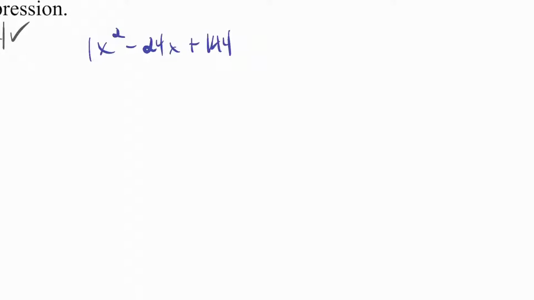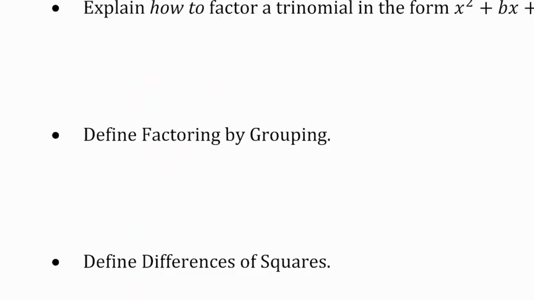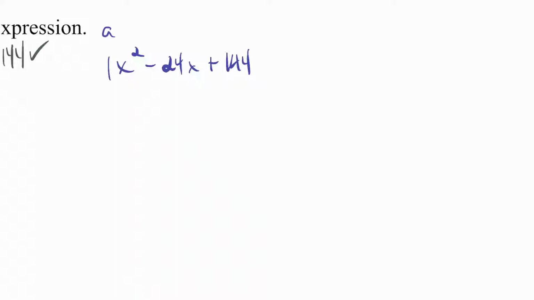So the AC method is called that because the standard format for a quadratic expression is ax squared plus bx plus c. So the AC method means you take the first coefficient and the last coefficient and you multiply them together. So in this case, 1 times 144, which would be 144. Relatively simple. 1 times something is just that number.